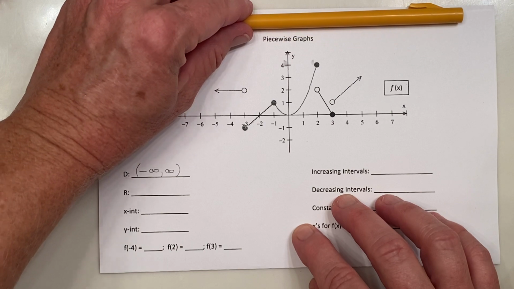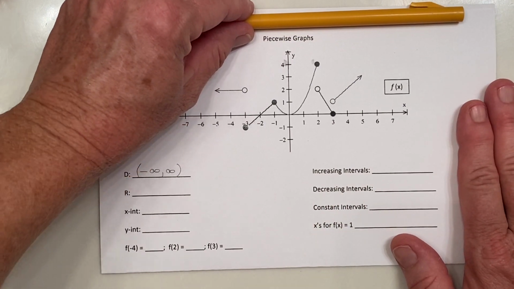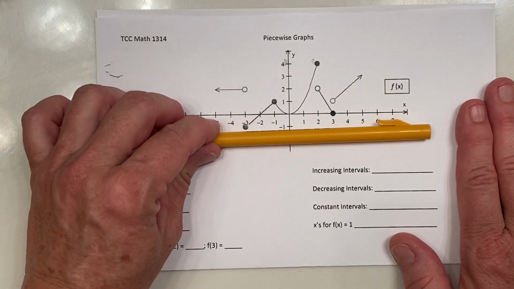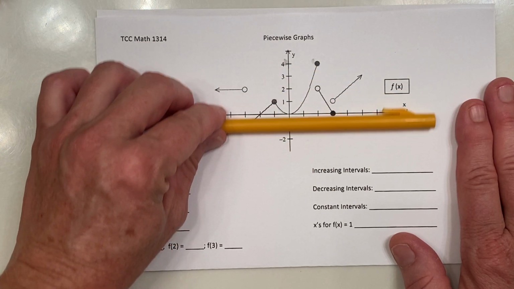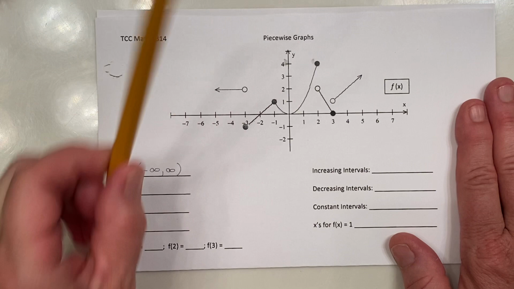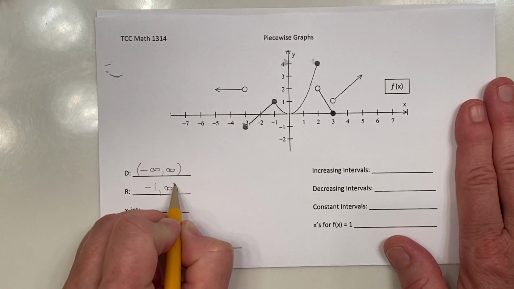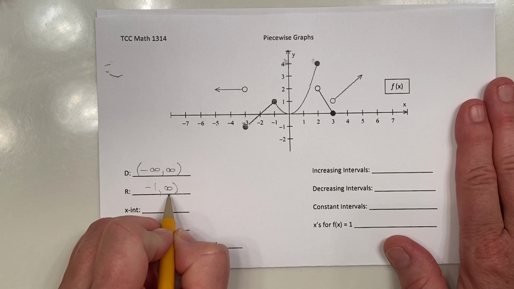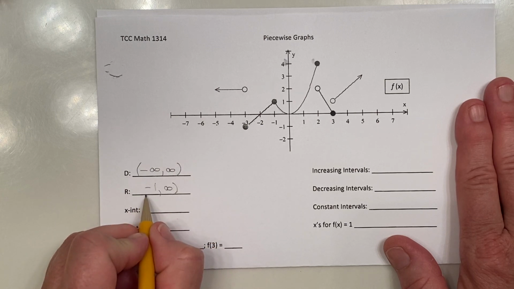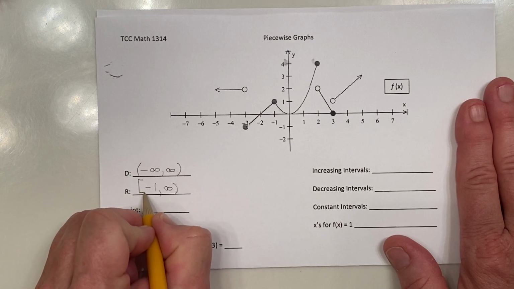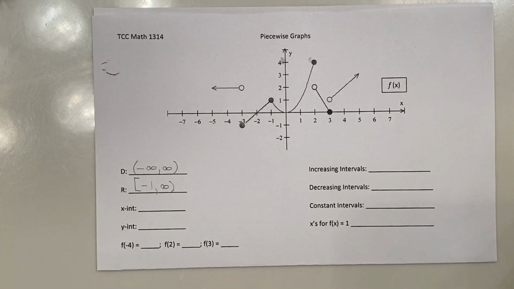So I know that as I continue upward, I'm going to have y values go into infinity that are part of my range. So my y values start at -1 and they go to infinity. The only other question is, do I need a parenthesis or a bracket around the -1? We always put a parenthesis around an infinity, never a bracket. Well, because it's a closed circle, it's inclusion, we use the bracket.